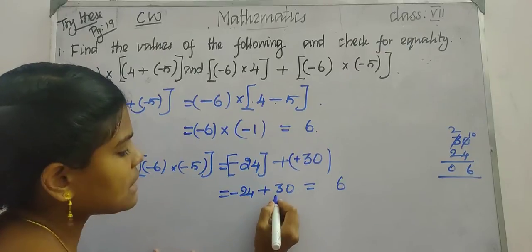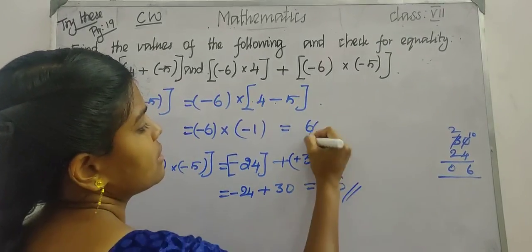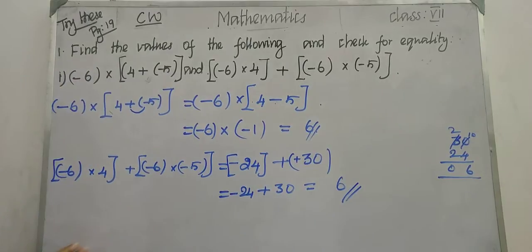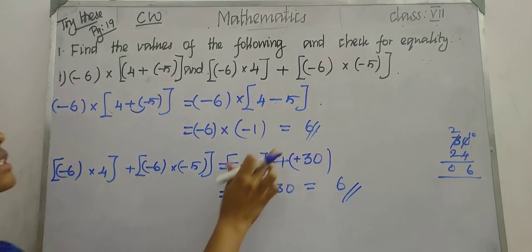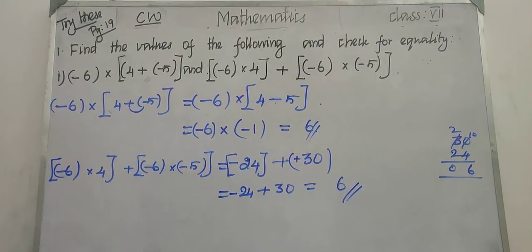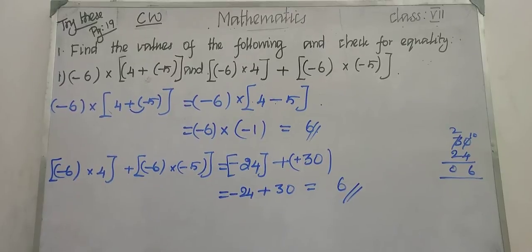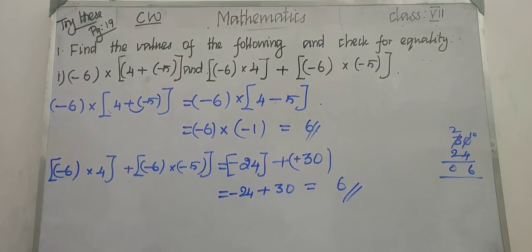Which is the greater number sign? Plus is the greater number sign. So the answer is 6. See, we got the same answers, right? 6 and also 6. So what can we say? These two are equal. What is the reason? Because it holds the distributive property of multiplication over addition.